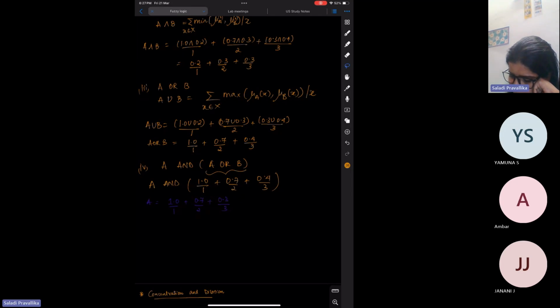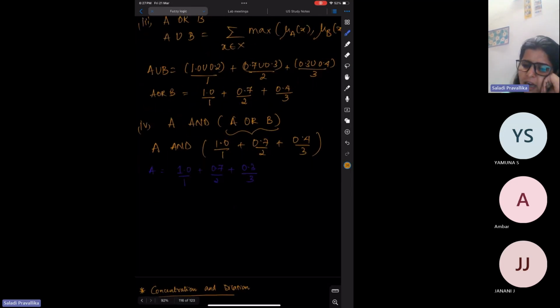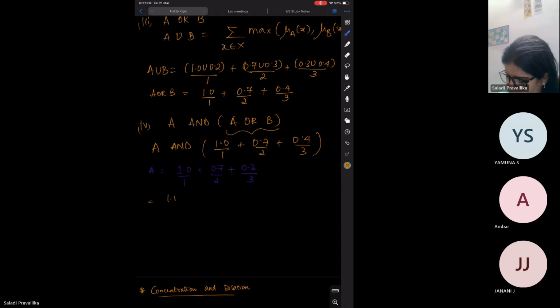We already have A. And means we are going to take the minimum values. So it's 1 intersection 1 for given 1, plus 0.7 intersection 0.7 for given 2, plus 0.3 intersection 0.4 for given 3.